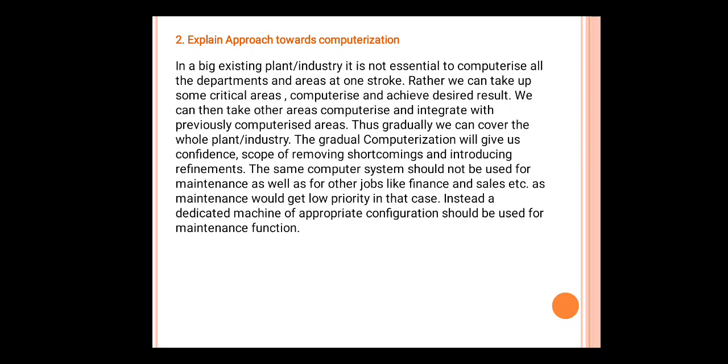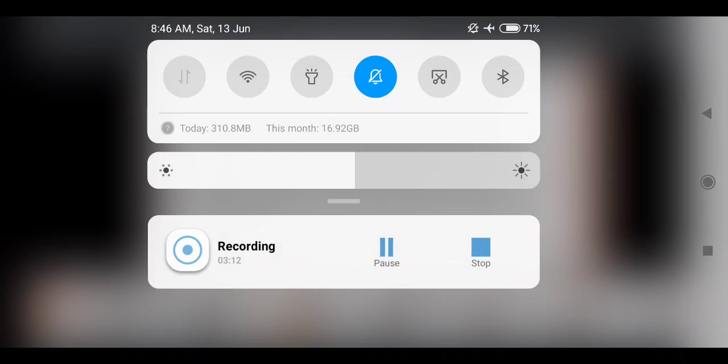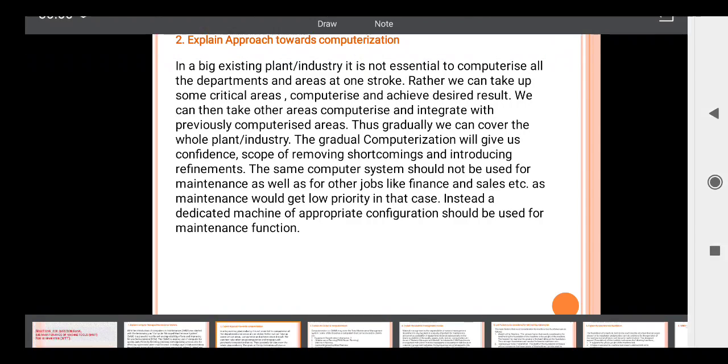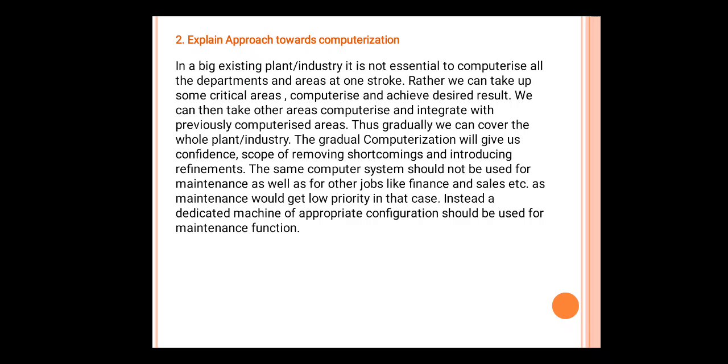Explain the approach towards computerization. How is the approach to be taken for computerization? We'll see here. In a big existing plant or industry, it is not essential to computerize all the departments and areas at one stroke.